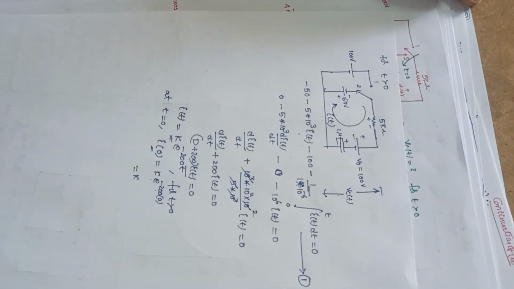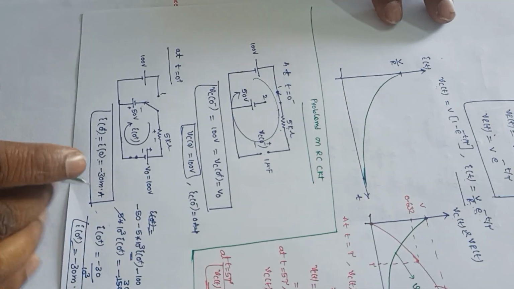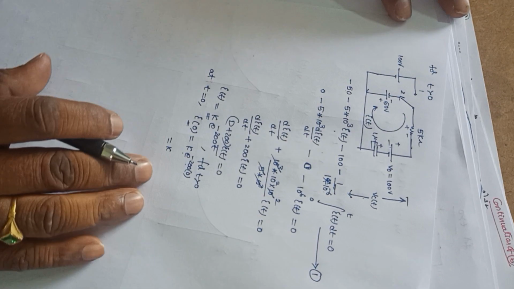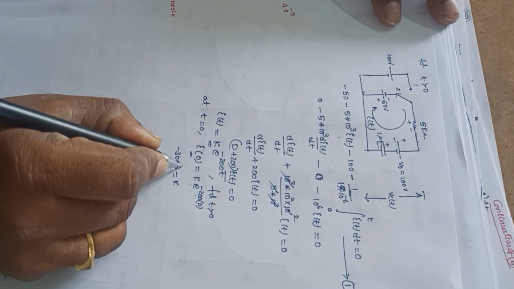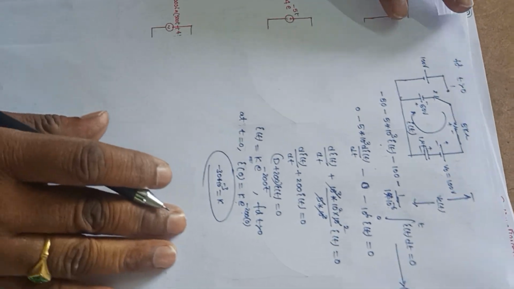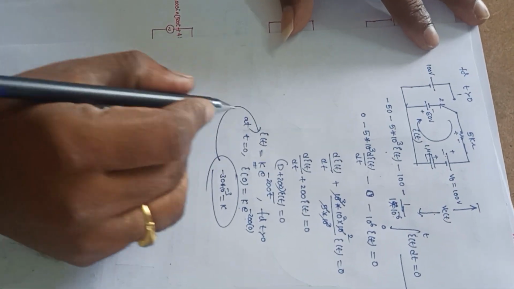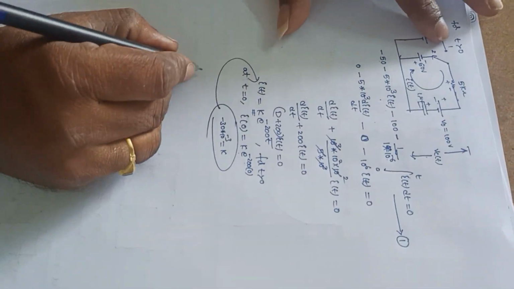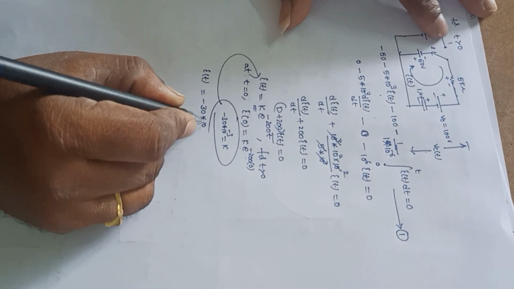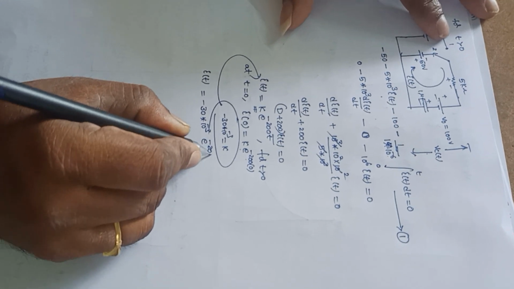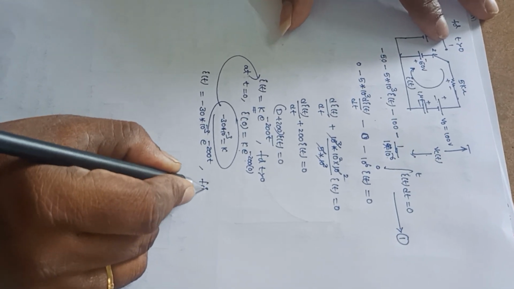We already calculated the value of I of 0 here is minus 30 milliampere. So k value is minus 30 into 10 power minus 3. So this is the value of k. Substitute this value of k in this expression of I of t. So I of t is equal to minus 30 into 10 power minus 3 into e power minus 200 t. It is for t greater than 0.